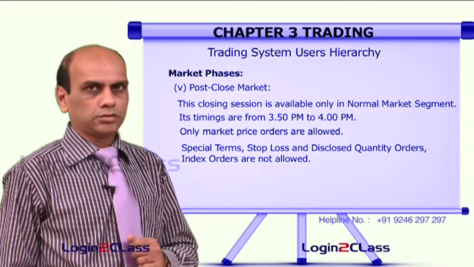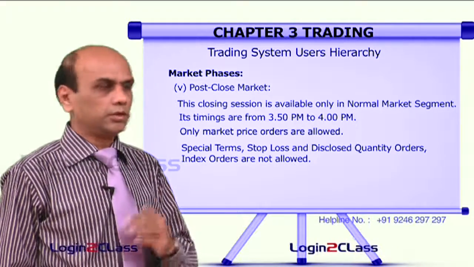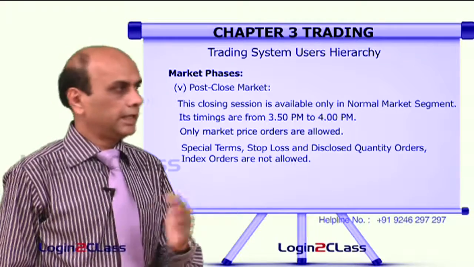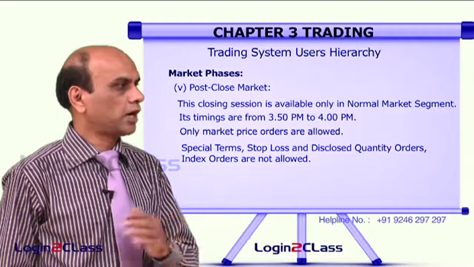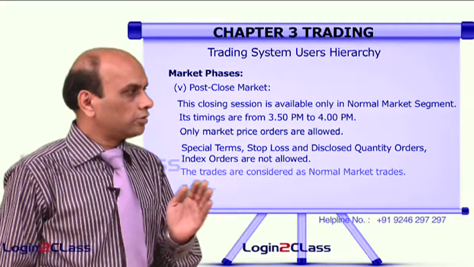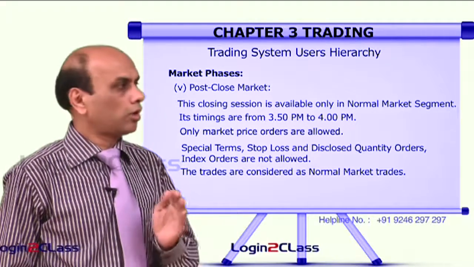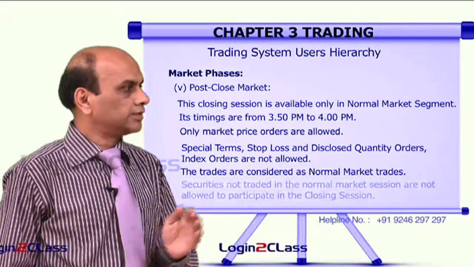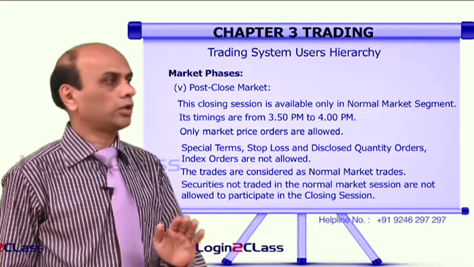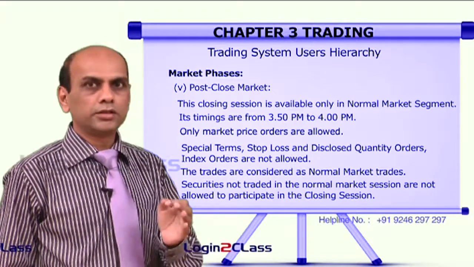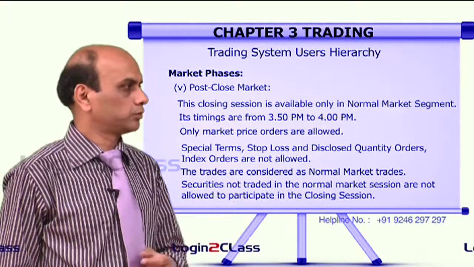Special terms, stop loss, disclosed quantity orders, and index orders are not allowed in this phase. The trades are considered as normal market trades. Securities not traded in the normal market session are also not allowed to participate in the closing session.